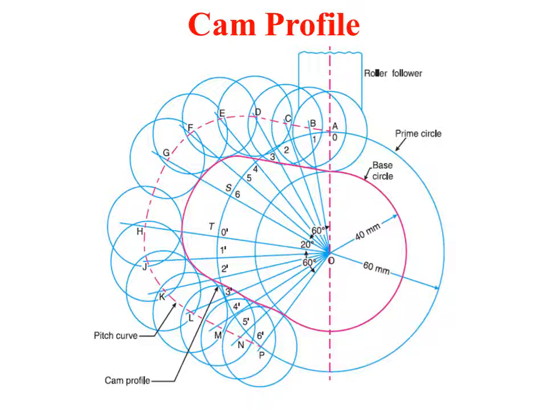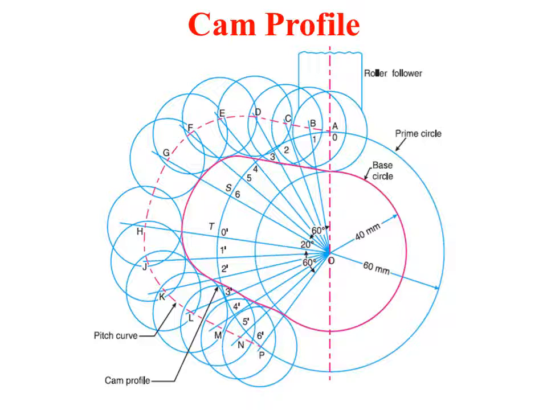Once that has been done, now we take A, B, C, D as the center, and radius equal to 20 mm, that is the radius of the follower. Draw the circles at all the points.